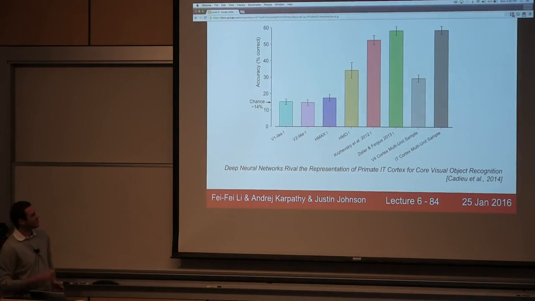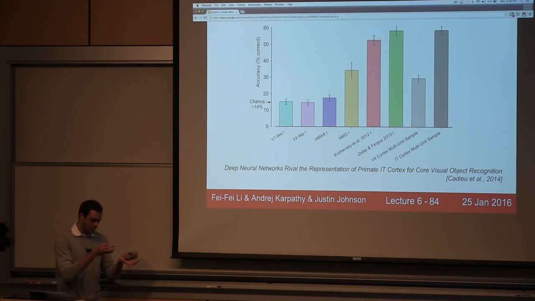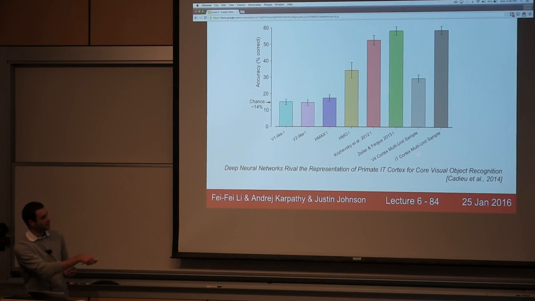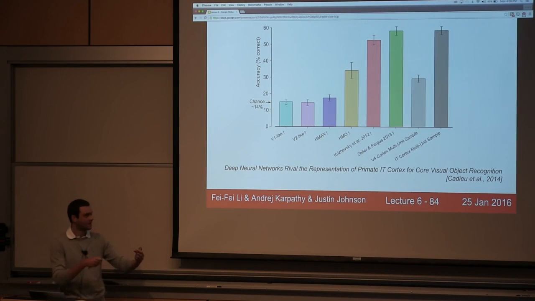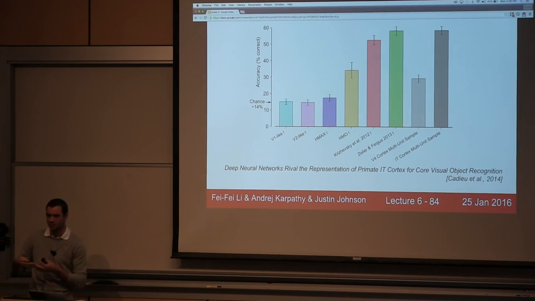I also wanted to point out something interesting: there's this paper called Deep Neural Networks Rival Representation of Primate IT Cortex for Core Visual Recognition. What they did here is they looked at, I think, a macaque monkey, and they're recording from the IT cortex here. They're recording the neural activations as a monkey is looking at images. And then they fed the same images to a convolutional neural network.